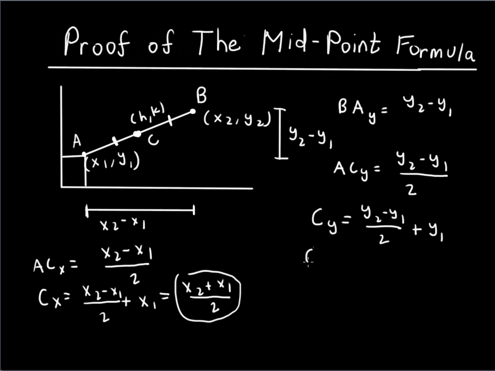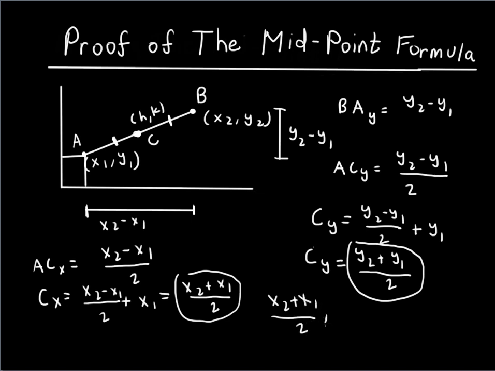So Cy would be equal to y2 plus y1 over 2. So now we know that the formula of the midpoint of 2 points, x1 and y1 and x2 and y2, is x2 plus x1 over 2, comma, y2 plus y1 over 2, in parentheses.